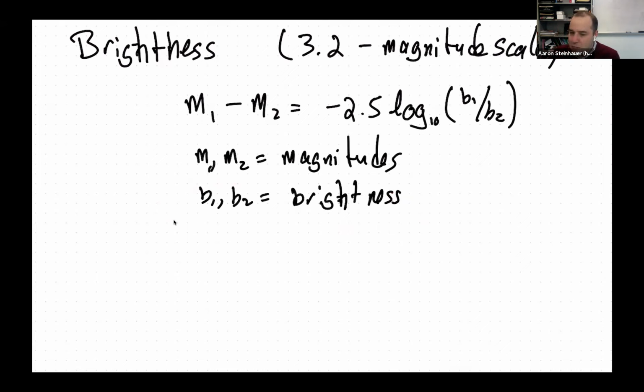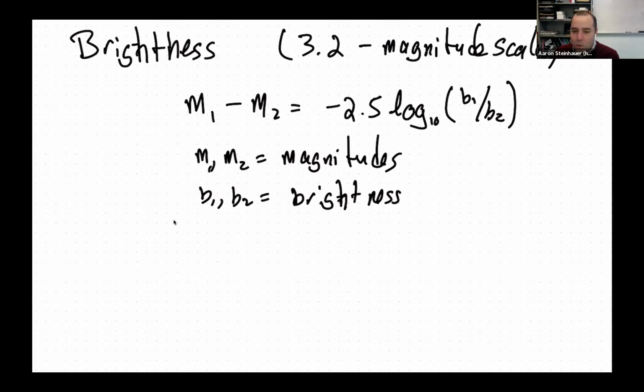These B's have units of joules per second per square meter. That is the normal sane thing that anybody would do. These guys have no unit. They're simply called magnitudes. And this is a weird system, right?